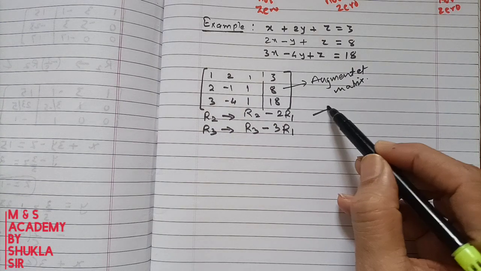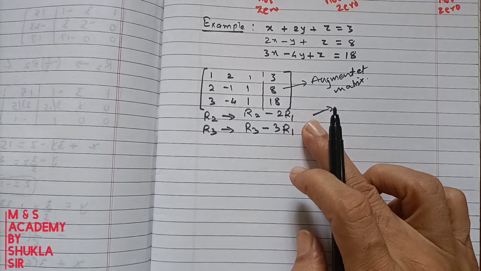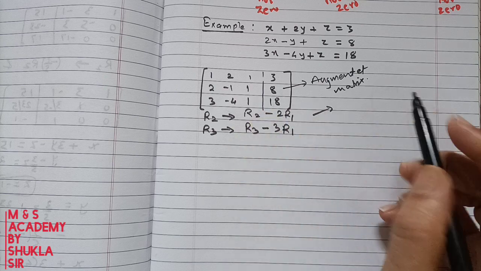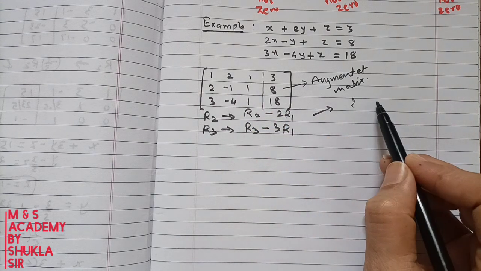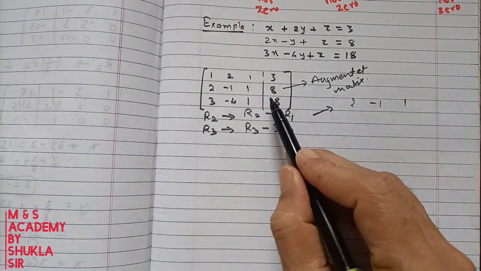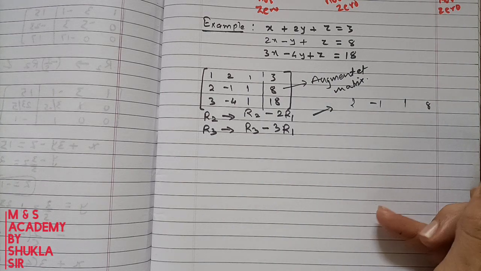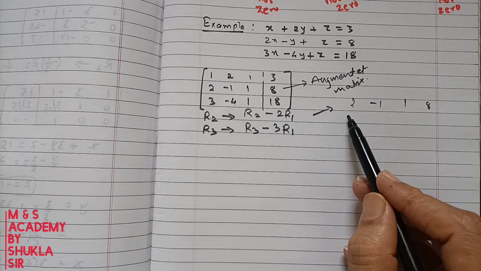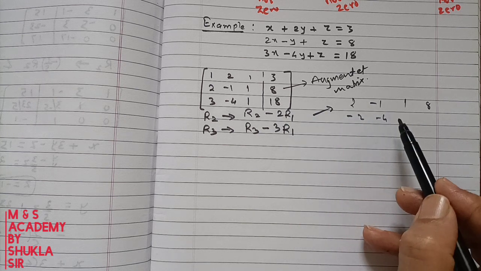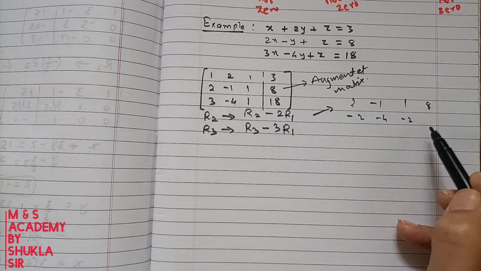So for the first operation we'll write the first row and the second element of the second row, 2, minus 1, 1 and 8, then after multiplying with 1 we'll get minus 2, minus 4, minus 2, minus 6.